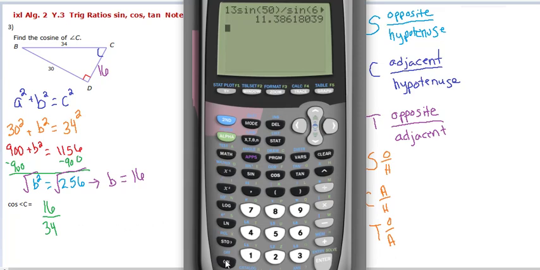I always like to show people what your calculator does, because if you're taking an ACT or if your brain is just fried at some point, it just helps you to be sure that you have gotten this reduced all the way. So we know that a fraction is just a division problem, right? So we just divide it, but that's a decimal. We want to go to math, and then fraction is highlighted.